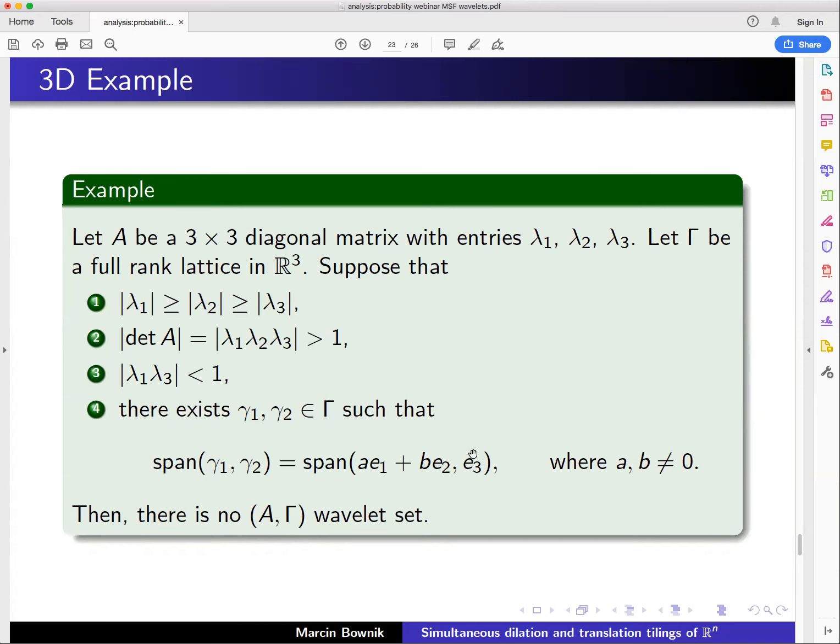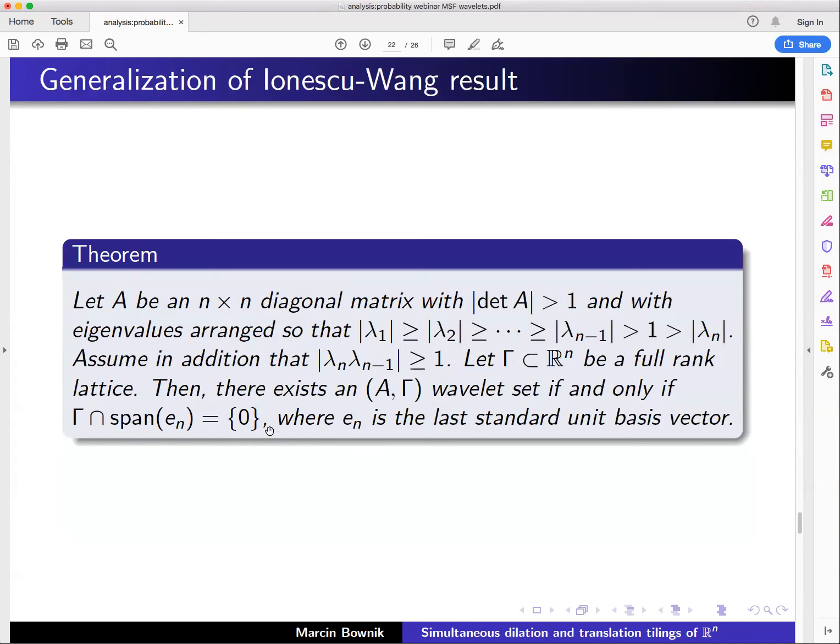It will contain the eigenspace E3 corresponding to this eigenvalue lambda 3, but then you have this kind of non-trivial vector, which is a linear combination of E1 and E2. So then you can show that there is no A gamma wavelet set. So what I wanted to say is that in this case, the intersection could be trivial, but yet the wavelet set does not exist.